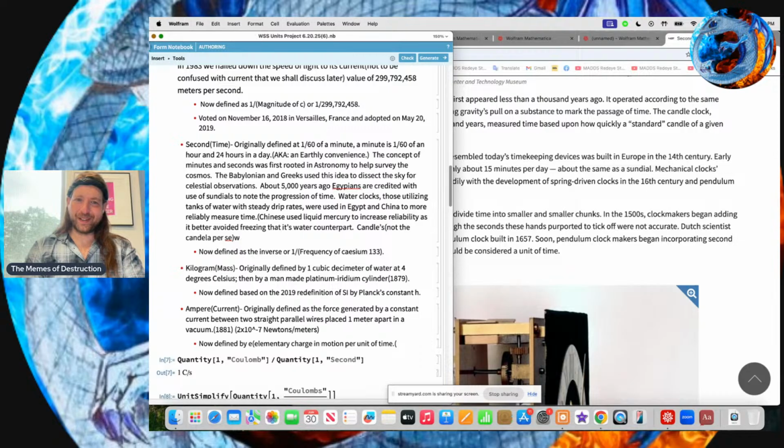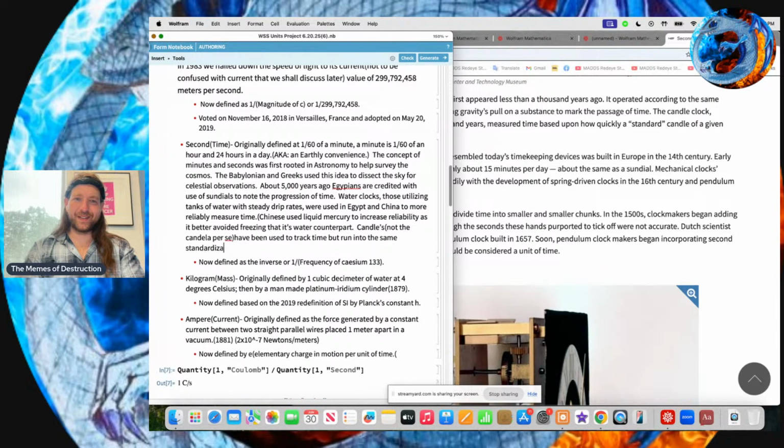Candles have been used to track time, but run into the same standardization problem. Candles have been used through history.